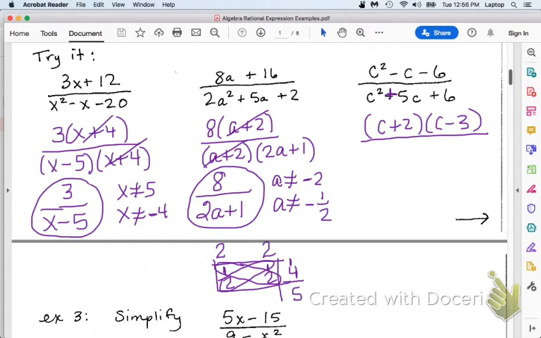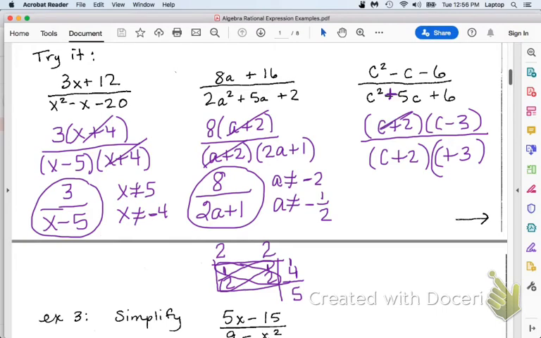Okay, here we go. Let's try it now with a positive 6 and a positive 5, which is going to make them both positive, which would be c plus 2 and c plus 3. Oh my goodness, that looks like a c, so I thought it was the parenthesis. All right, good. Now we can see that we have the common factor of c plus 2.